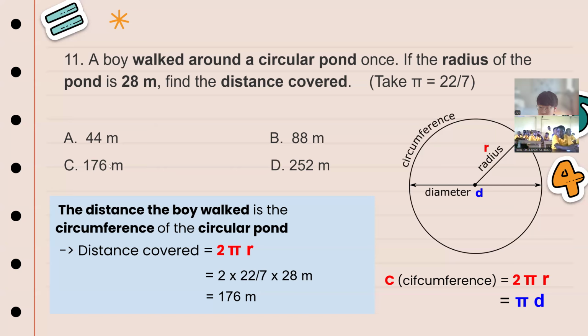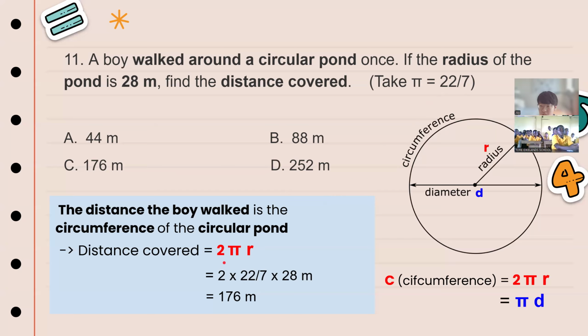So a hint is that we know the distance covered is 2 pi r. That's called the circumference. And that is the distance covered.